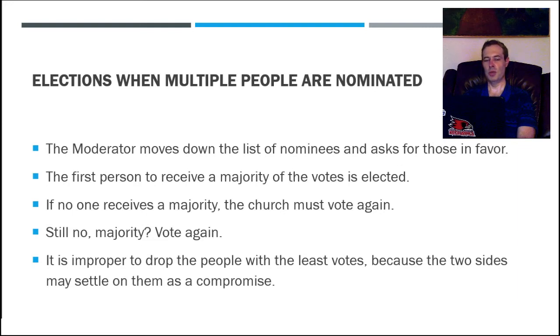So there's 3 people, the first person gets a majority of the people present, then it doesn't matter what the votes are for the other 2, because of that majority, that first person will receive it. They're going to be elected anyway. So there's really no need to even continue moving down the list.